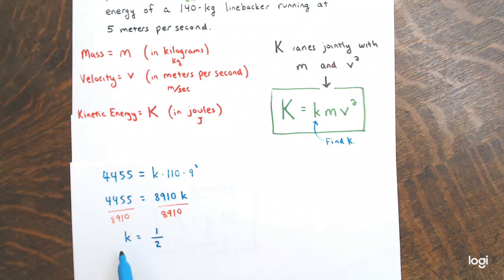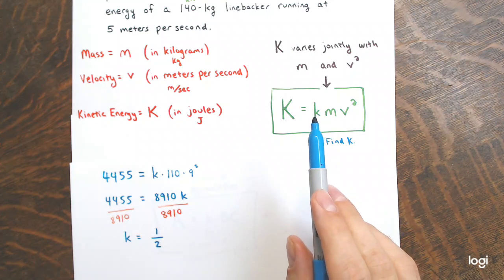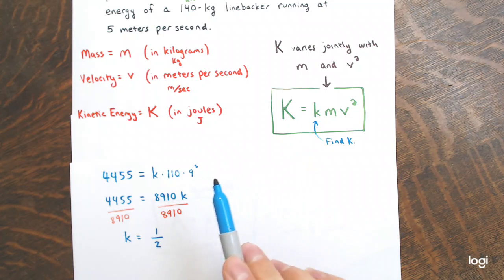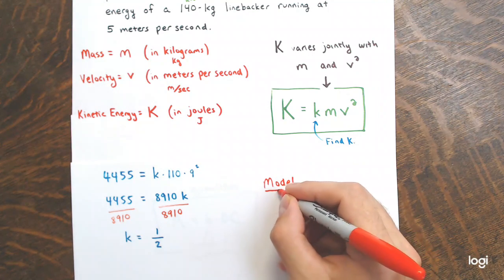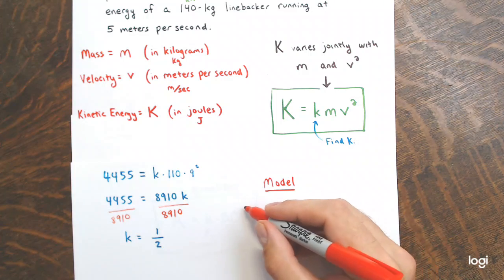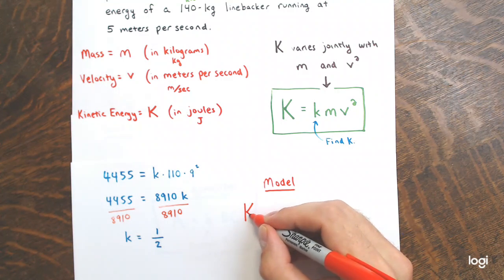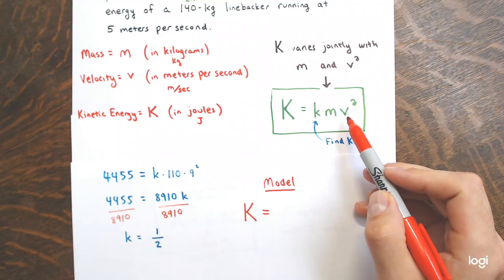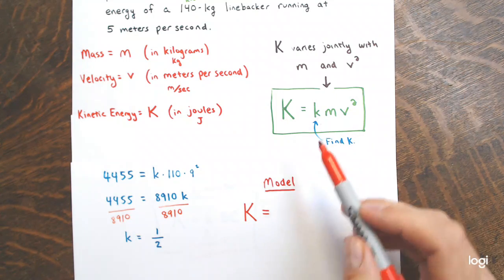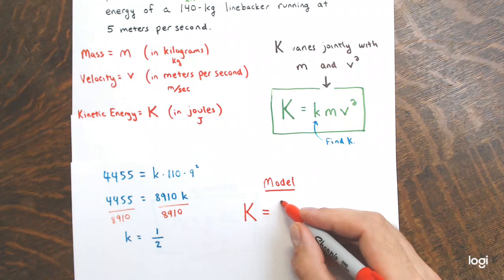And now that I have found the value of this constant of proportionality, this lowercase k here, we can complete the equation. All right. So here's our model for this particular problem, the equation describing this situation. The kinetic energy, capital K, varies jointly with the mass and the square of the velocity, and the constant of proportionality we have found is 1/2.